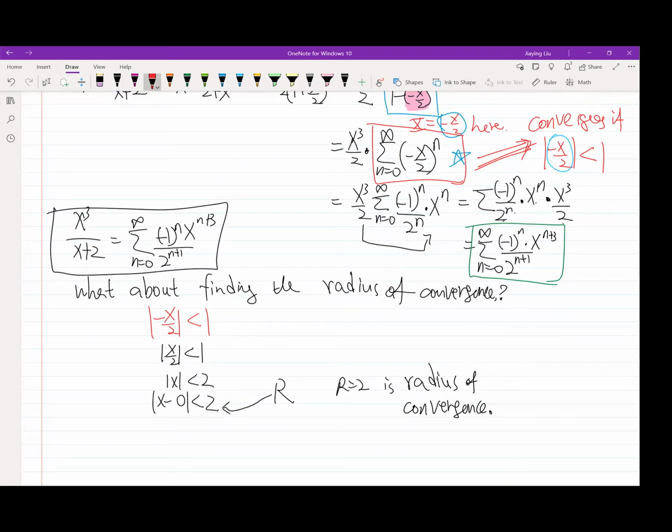So all I did is drop the negative because it's in the absolute value, and multiply by 2, and that was absolute value of x less than 2, which I can write as absolute value of x minus a less than R. If you recall from the previous lecture, the R is what we call the radius of convergence. In this case, R is equal to 2. But basically just take the number directly.